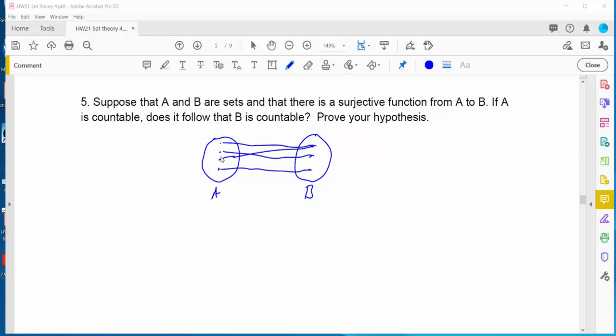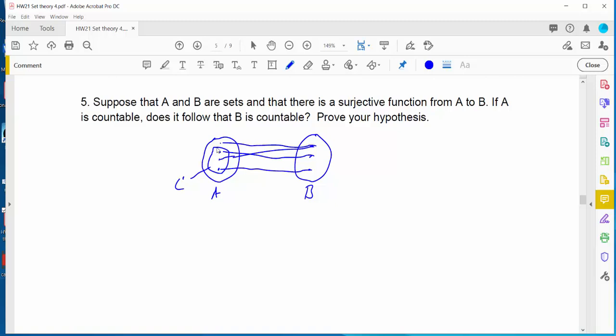Okay, so then the main thing you're going to observe here is that with a surjection, it's either going to be a bijection or there's going to be some subset of A, call it C, where f from C to B is a bijection.